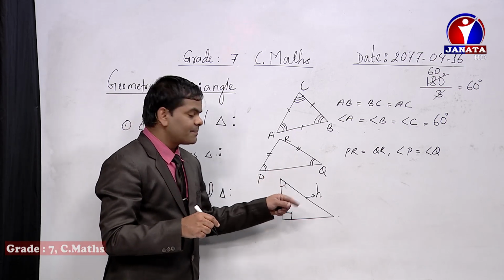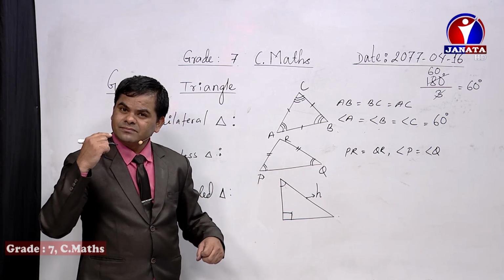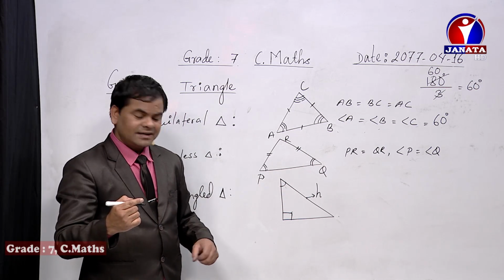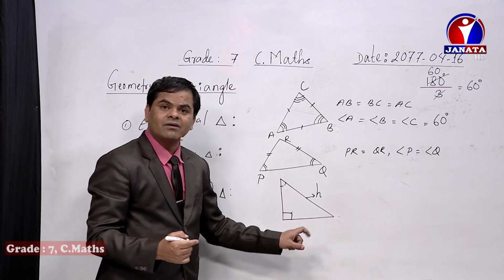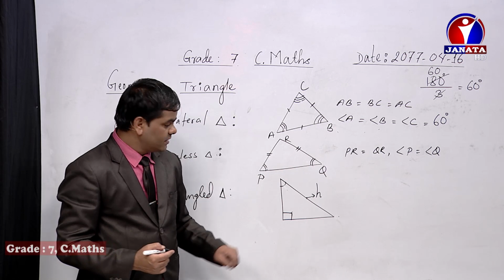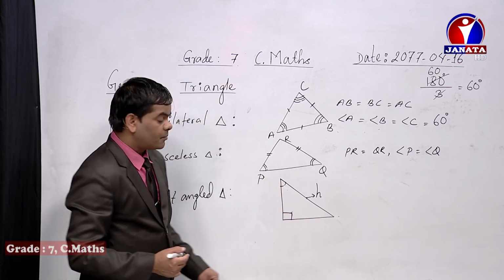If the reference angle is given, it means this angle is identified. Opposite to that identified angle, the side formed in a right angle triangle is known as the perpendicular.